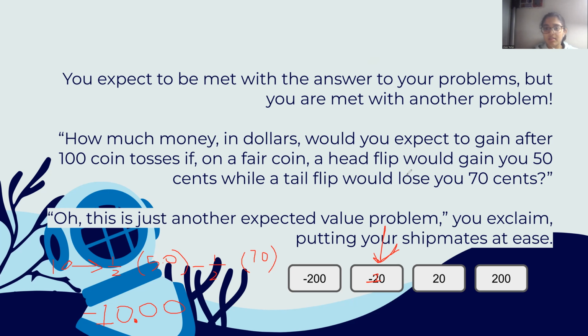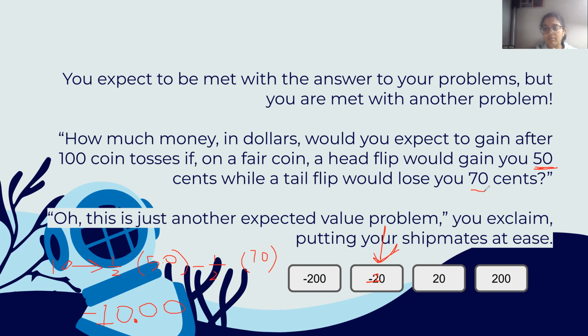For each individual coin toss, you would expect to lose 10 cents, because you would have a 1/2 probability of each. So you would expect 50 times 1/2 minus 70 times 1/2.